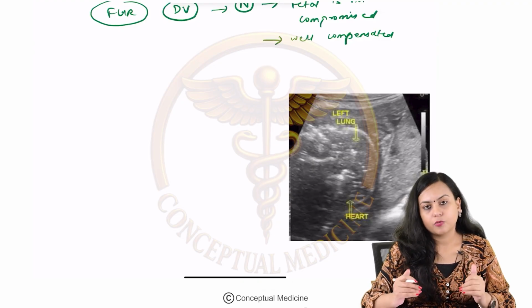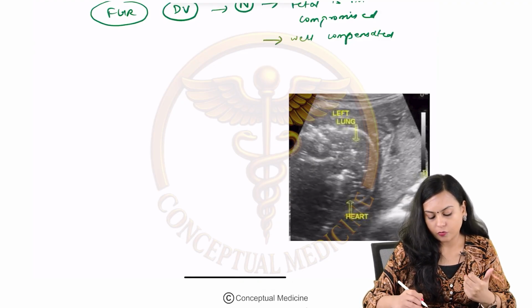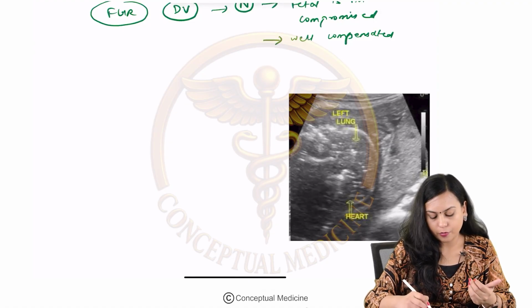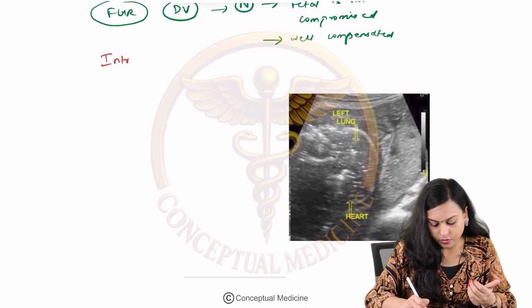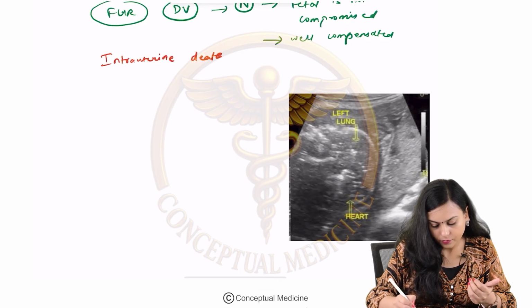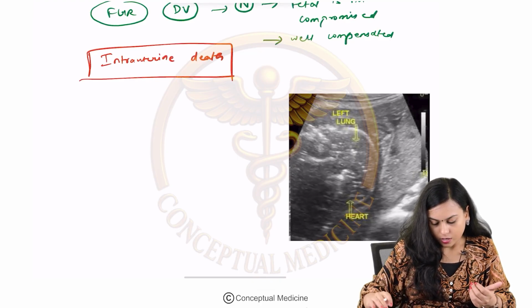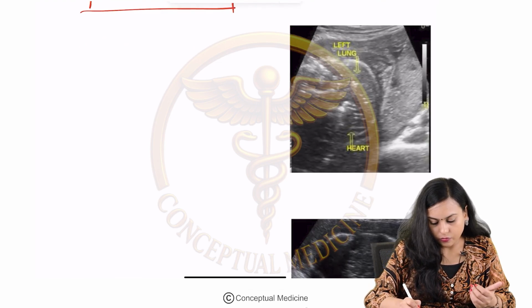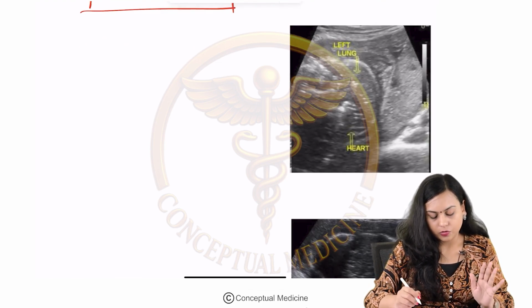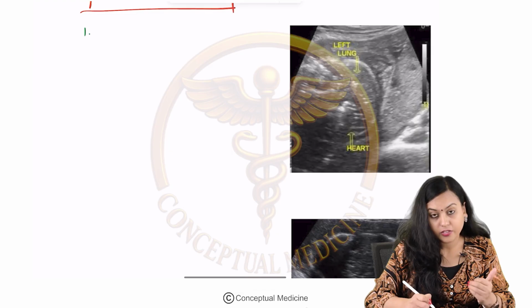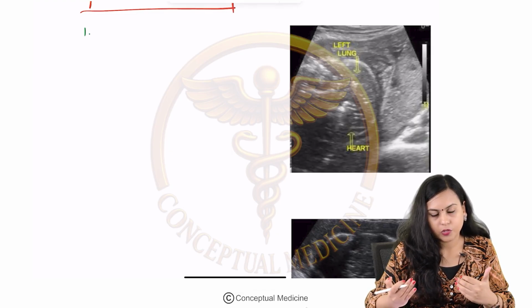Now, as we have completed the Doppler studies, now I want to discuss with you some signs of intrauterine death, okay. So, know about some important signs alone, okay, that you will be able to appreciate in the ultrasonogram, okay.